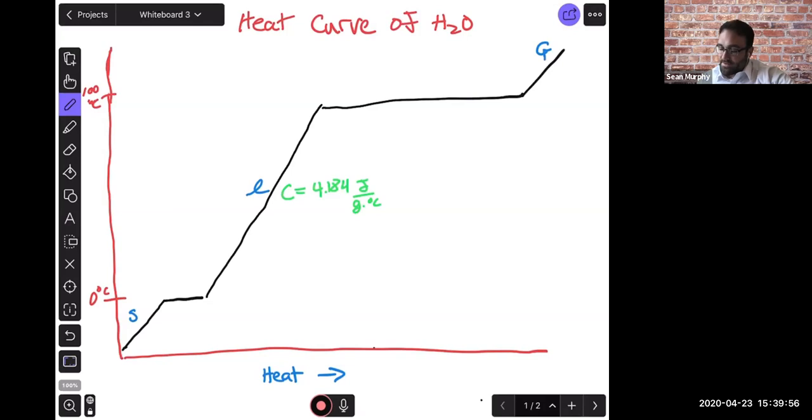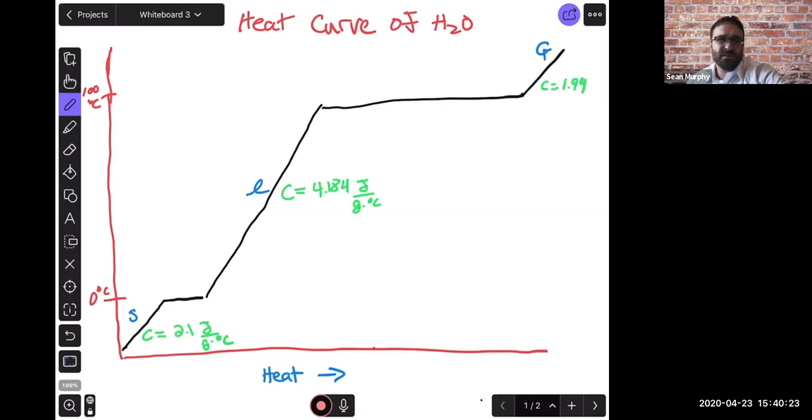So when it's a solid, its specific heat capacity is actually 2.1 joules per gram times degrees Celsius. And when it's in the gas phase, it's 1.99.